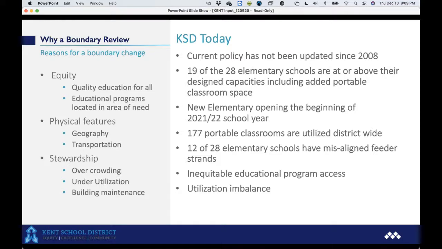The new elementary school is opening at the beginning of the 21-22 school year. There are 177 portable classrooms being utilized district-wide. 12 of 28 elementary schools have misaligned feeder strands. There's inequitable educational program access, and then there's utilization imbalance.